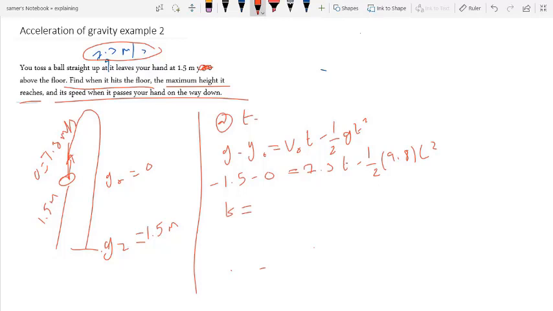So this is a quadratic equation and can be solved to get two values for t.